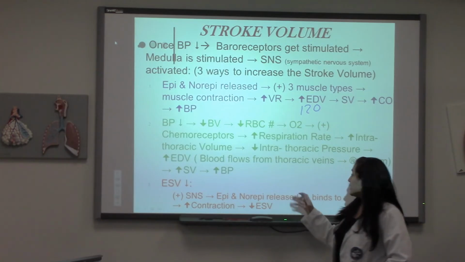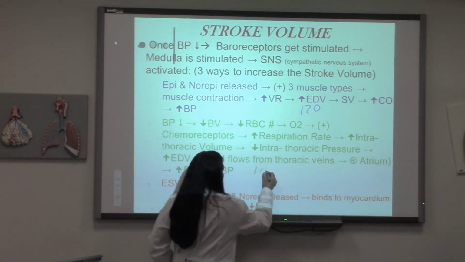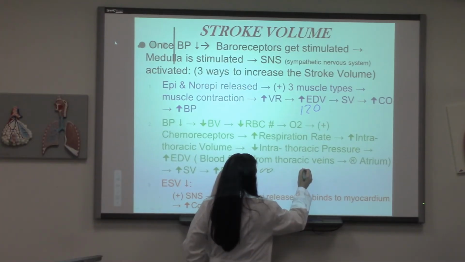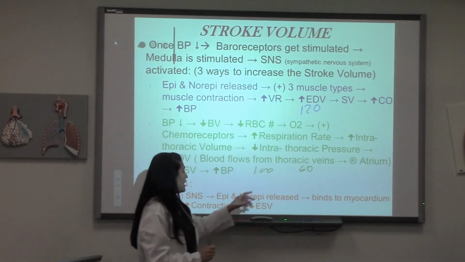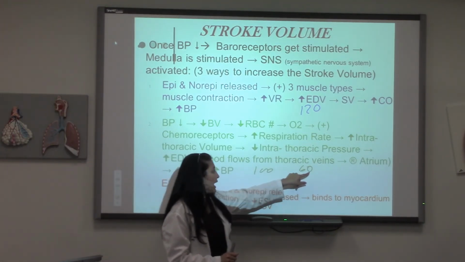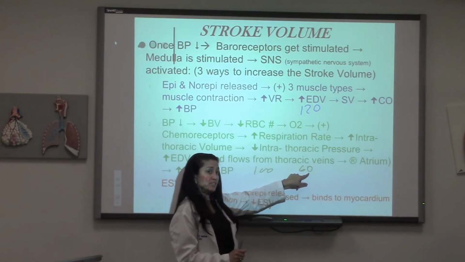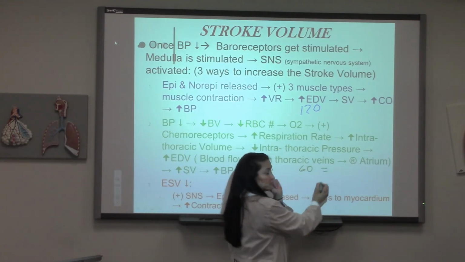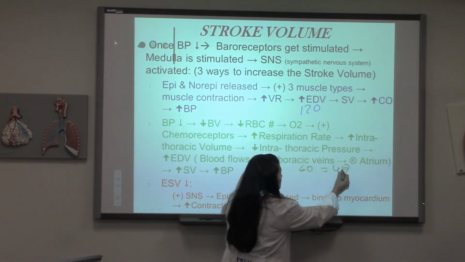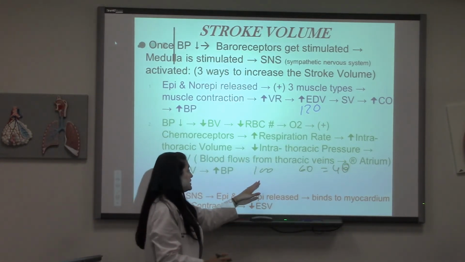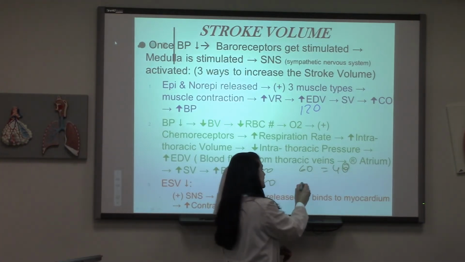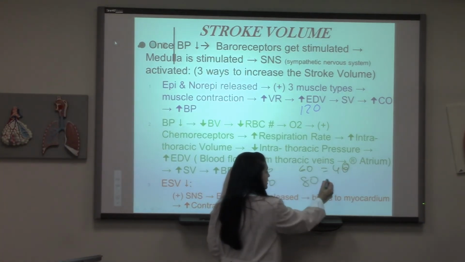So remember in the example I said that you start out with 100 milliliters of blood. At the end of systole, there's 60 milliliters left. So how much did you eject out? 40. Okay, 40. Now, you have 100, but instead of ejecting 40, you eject 80 milliliters.